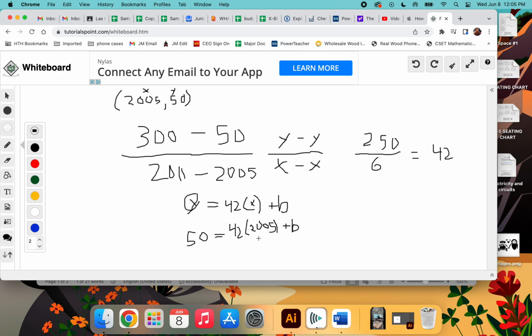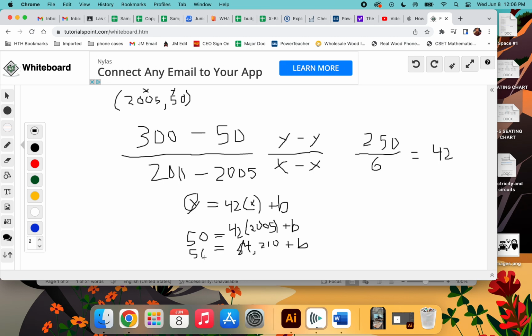Now I just multiply 42 times 2005, and I get 84,210. And I put that there. Then this is just solving an equation, so I subtract 84,210 from both sides.